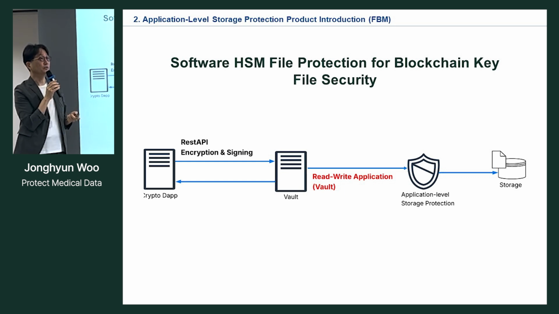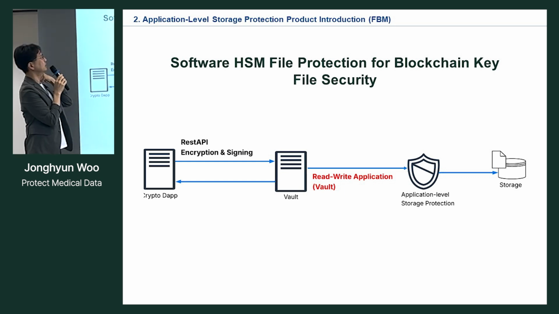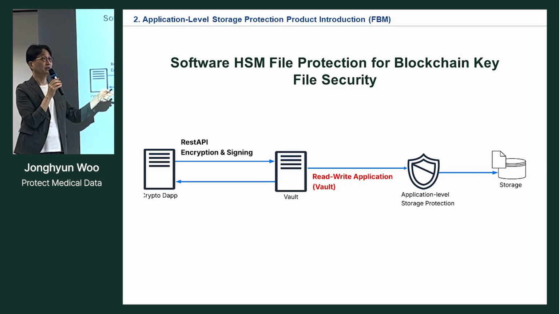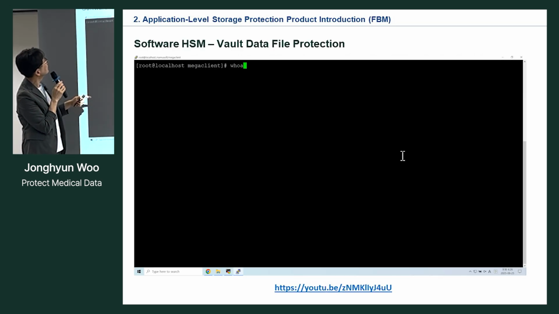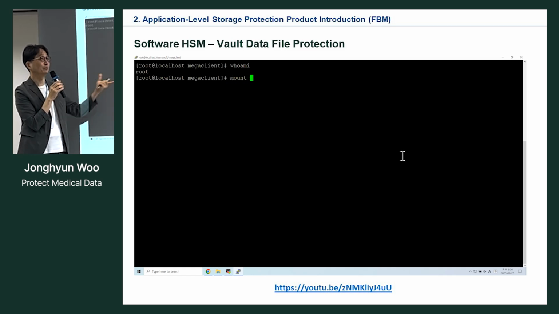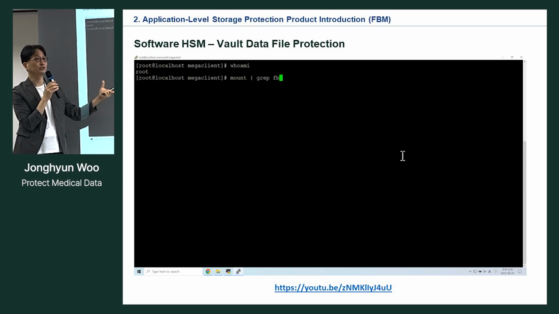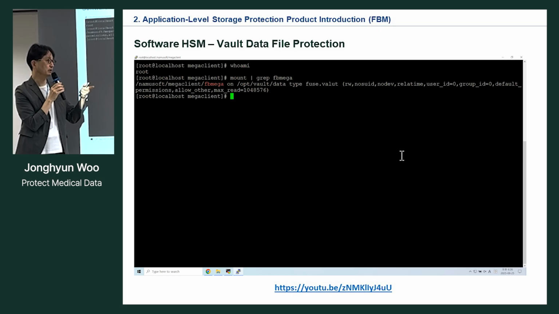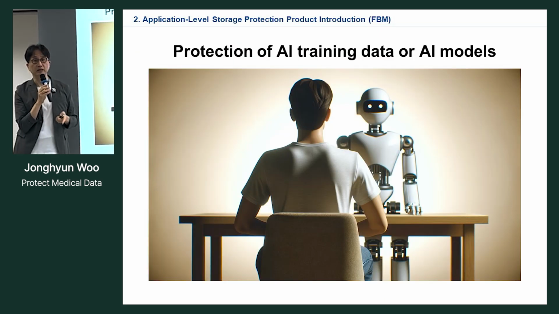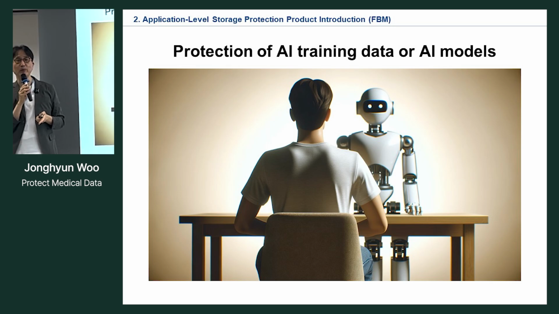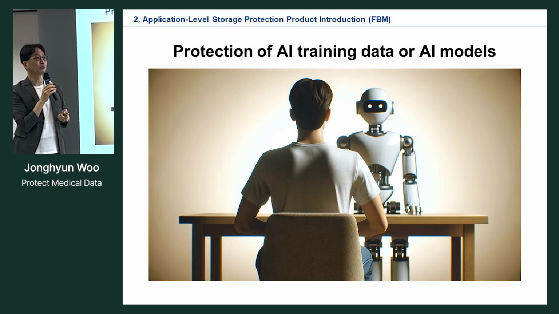And then if you are familiar with the blockchain, maybe you can store your key file in here. And also, by mapping the software HSM to the storage protection, you can protect the HSM file as well. And then sooner or later, we are probably going to use AI humanoid robots.